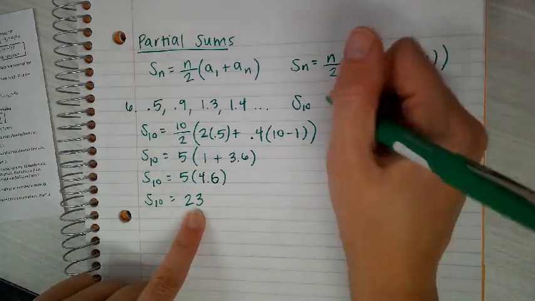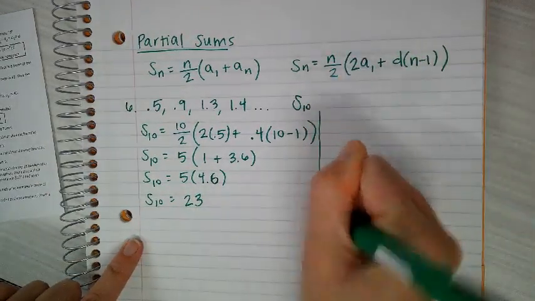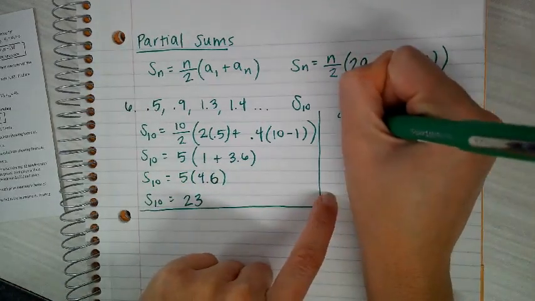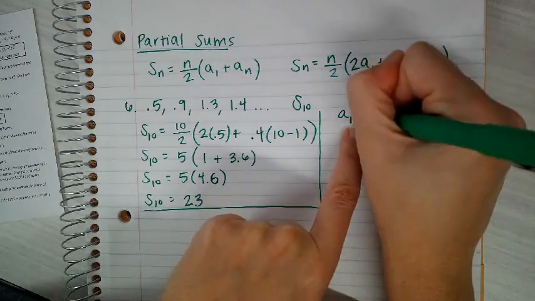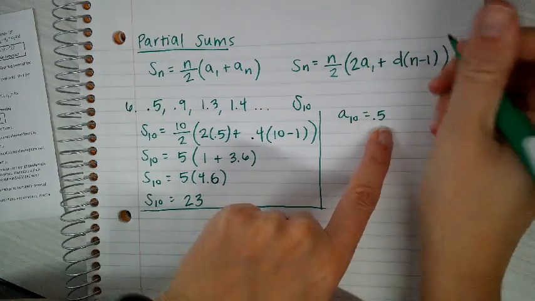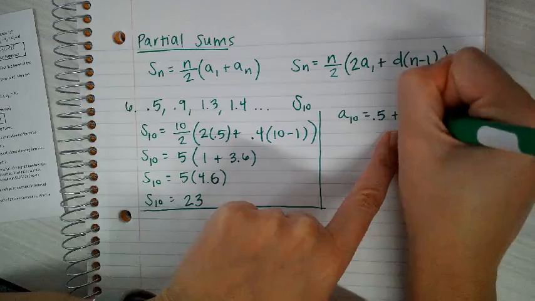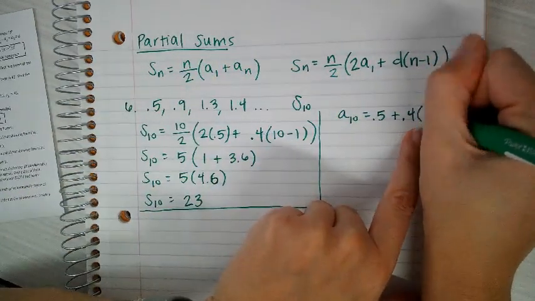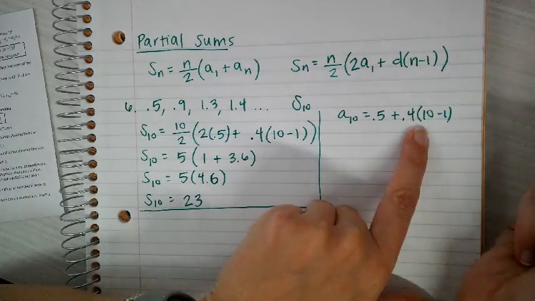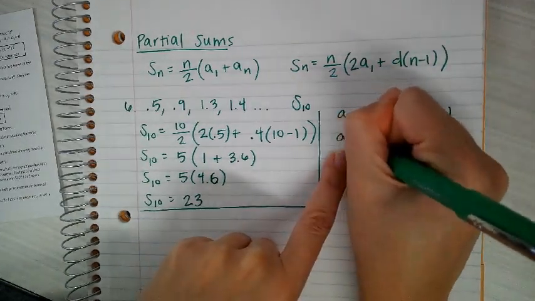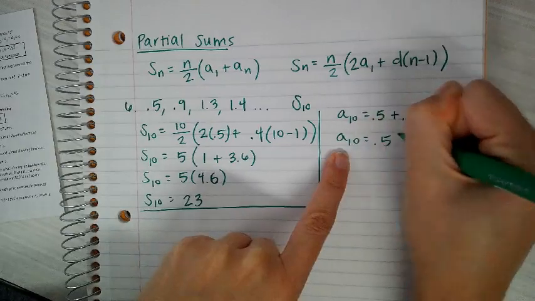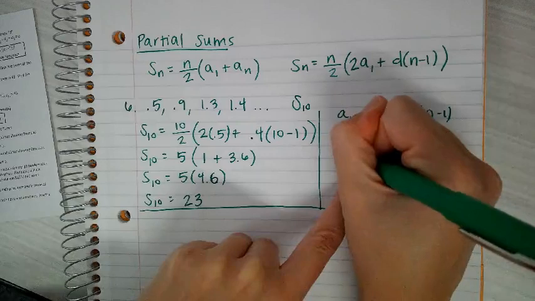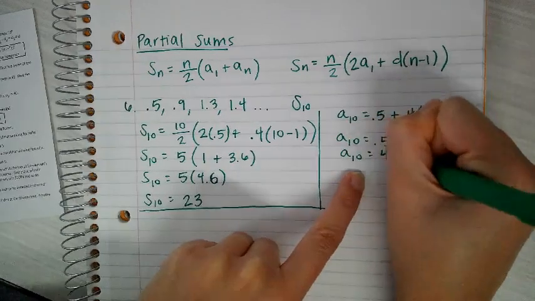Now, if you wanted to do the short version instead, the short formula, then you would first have to figure out what a sub 10 is, what the 10th term is. So you would have to do 0.5 plus the common difference, so this is just the explicit formula from our last video, times 10 minus 1. So it would be 0.5 plus 3.6, because we worked that out before, so the 10th term is 4.1.